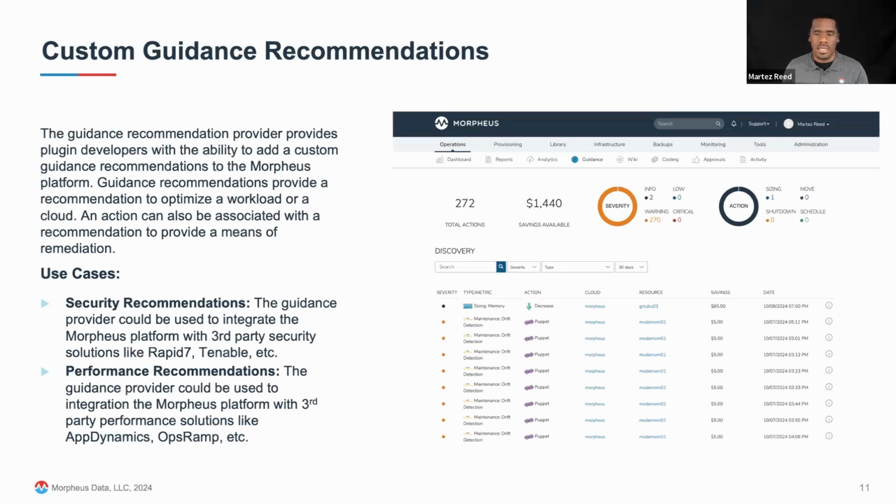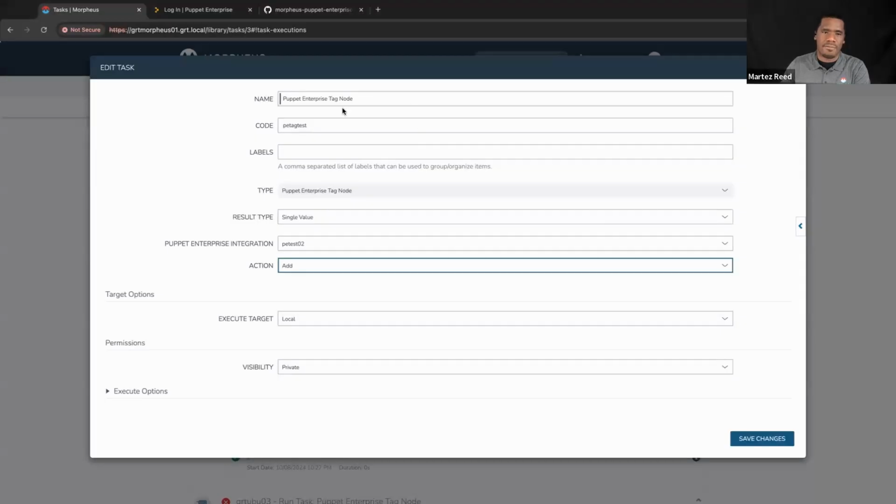Certainly another one, aligned with what exists in the Morpheus platform, is being able to leverage performance recommendations from external systems, such as App Dynamics or Datadog, or even custom defined parameters that you might specify. You know what? I have the data available to me, and I want to generate a recommendation based upon custom logic that I define within the code. So let's take a look at that functionality from a code perspective.